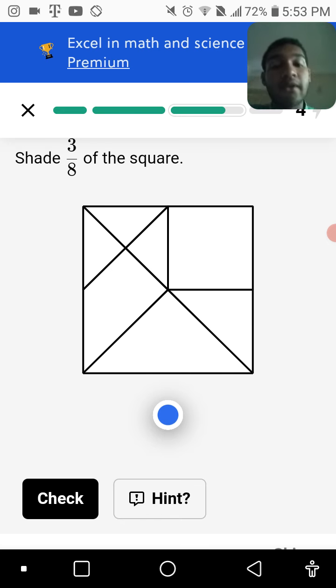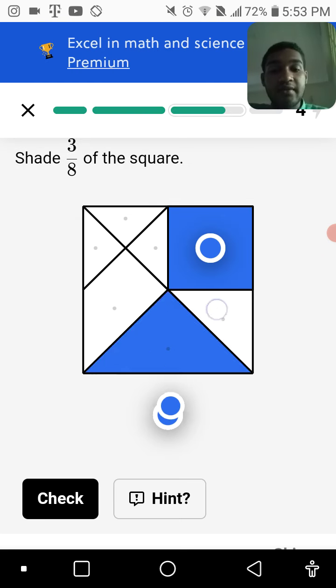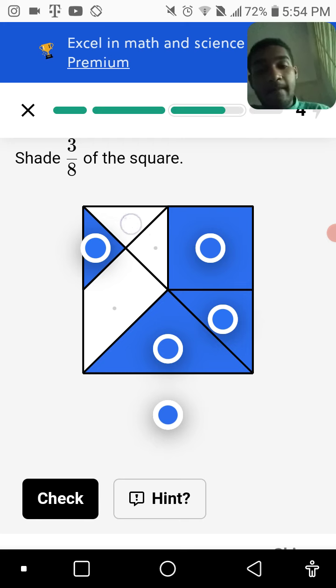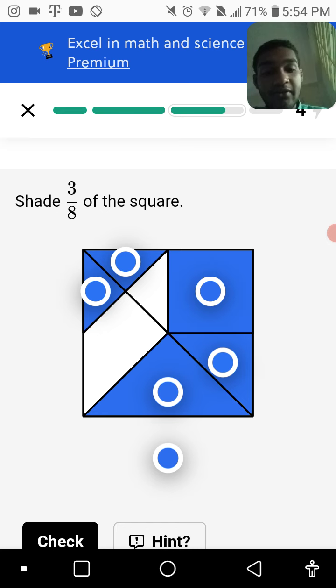So if I divide this whole thing into 8 pieces, at first I think we can make 3 by doing this, and then maybe this will help. Yes, this thing will just drop down here. If this drops down here, then we got the thing.